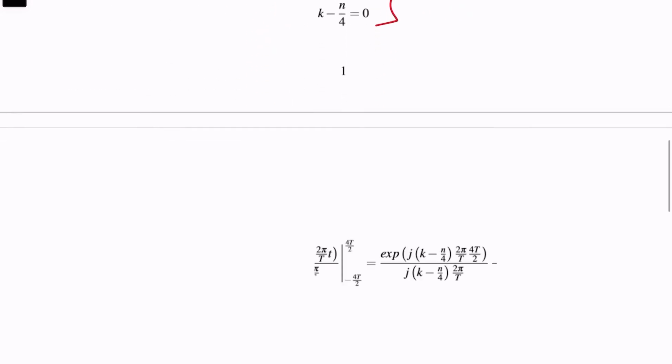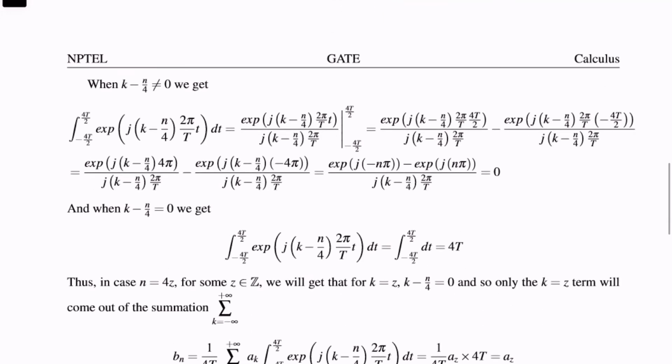So let us look at both the possibilities. When k minus n by 4 is not equal to 0 and k minus n by 4 is equal to 0. So for k minus n by 4 not equal to 0, this is a significant exponential. That is, the exponential has a significant power to it.